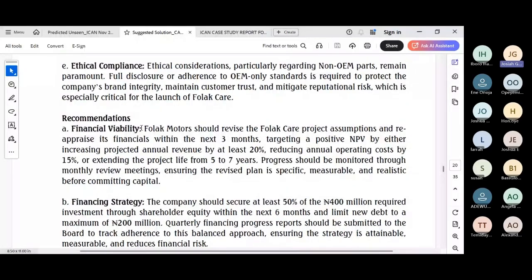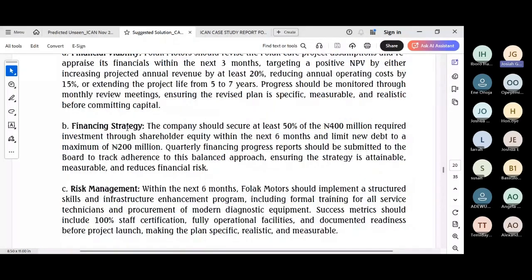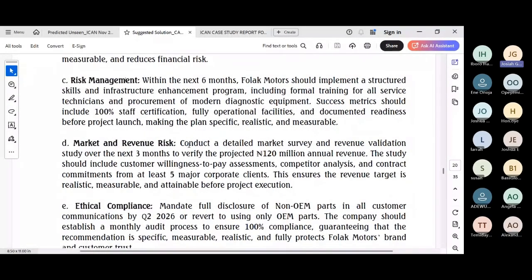Then for recommendations, the same thing we are recommending. Don't forget your recommendation should be smart based on what we've concluded on. Conclusion I used to state is the statement of the problem, while recommendation is the solution to the problem. So your solution should be very smart and provided based on financial availability, financing strategy, risk management, market revenue risk, and ethical compliance.